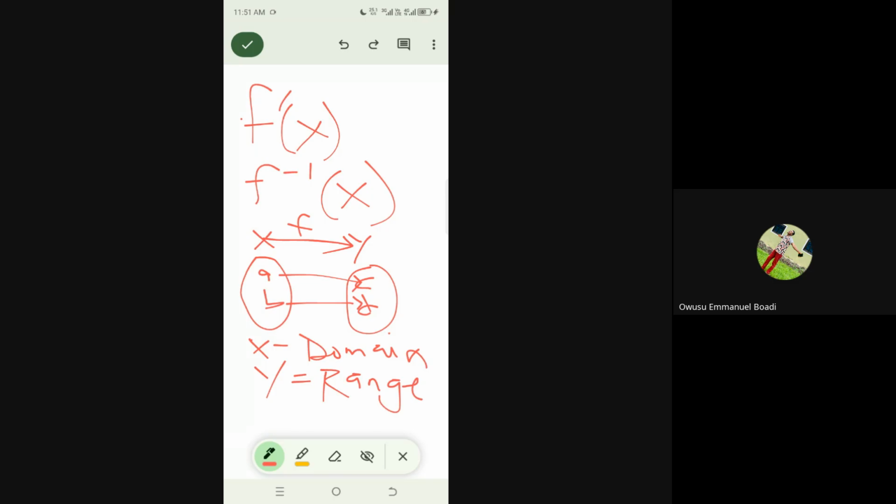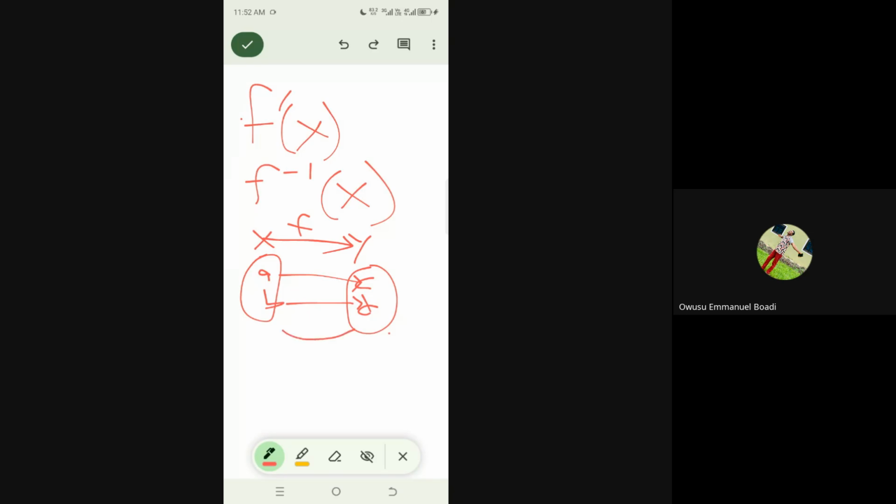So for this particular one, when we want to find the inverse, it will be the opposite side. The f inverse would have y as the domain and x as the codomain when it is inverse. So it is going to be of this form.